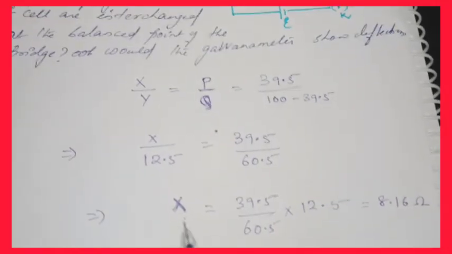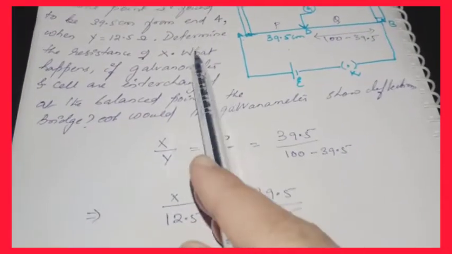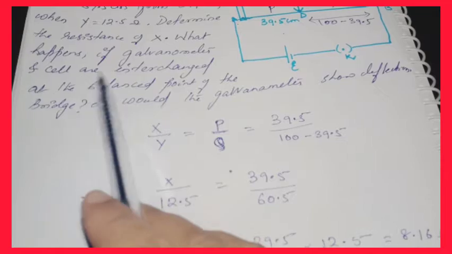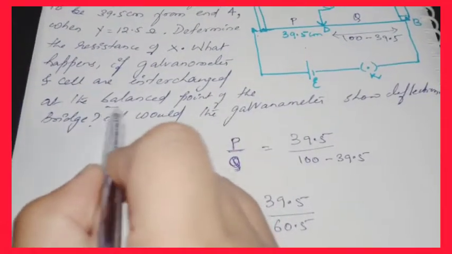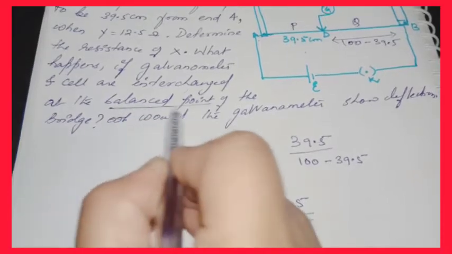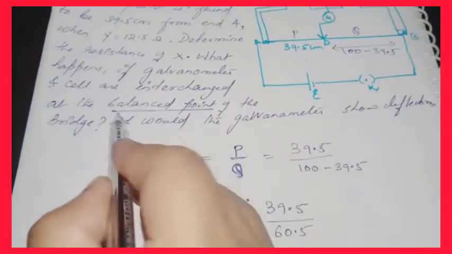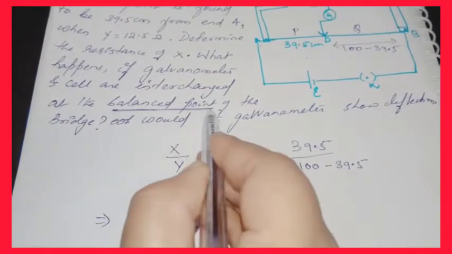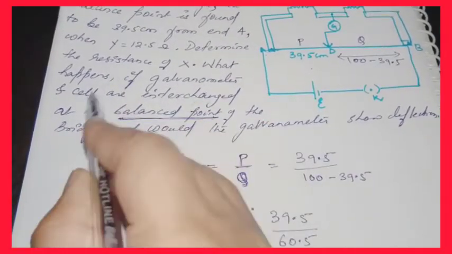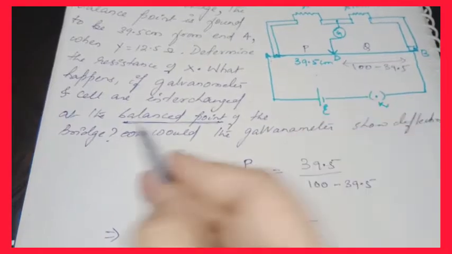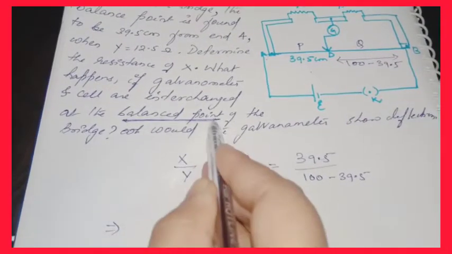Students, the next part of the question is what happens if the galvanometer and cell are interchanged at the balance point. This portion is telling that the meter bridge is already balanced. So when the meter bridge is already balanced, even if we change the cell and galvanometer positions, the balance of the bridge will not change.